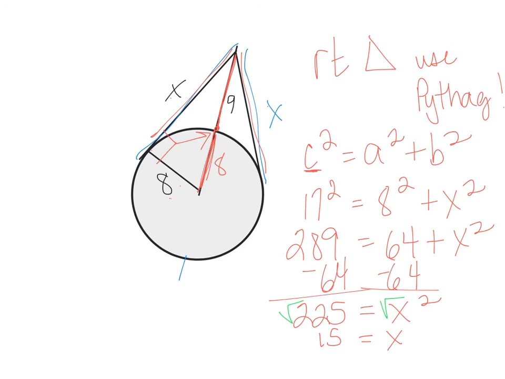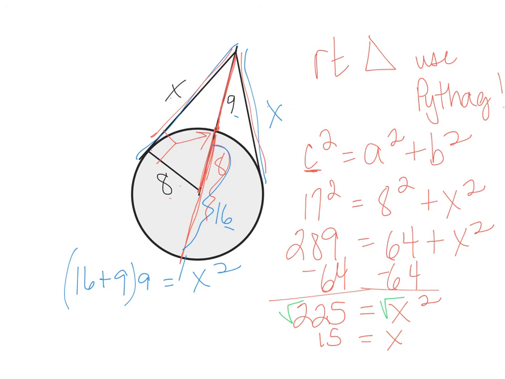Another way that we could have done this is added this other radius to go the whole way, and so our diameter would have been 16. So this would have been 16, and 16 plus 9, the whole thing, times the outside, would equal x squared.